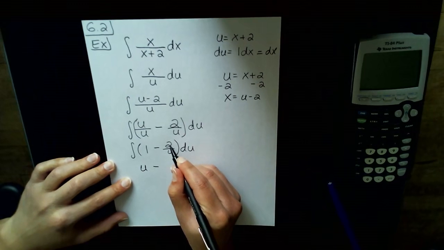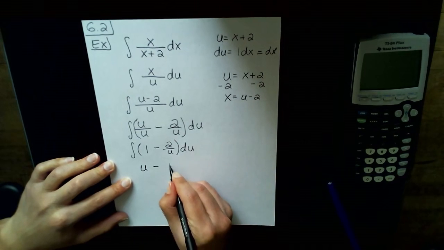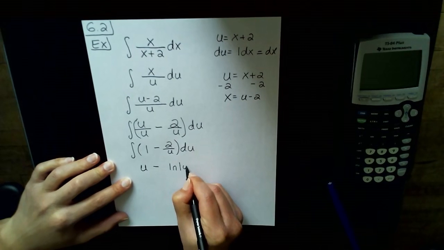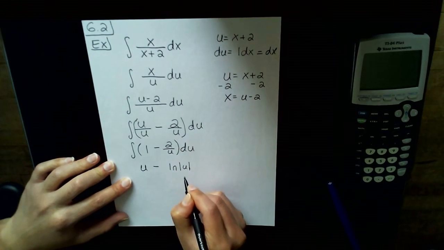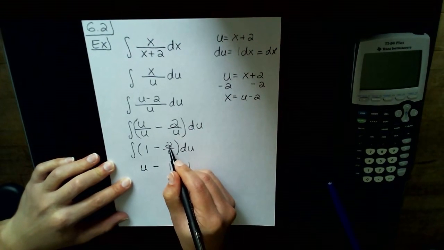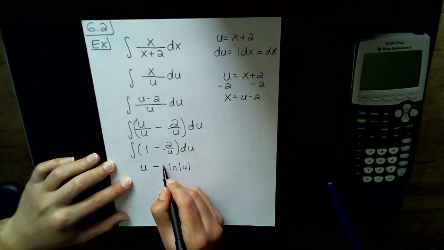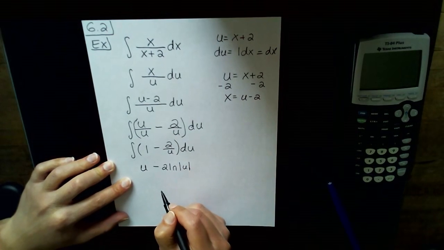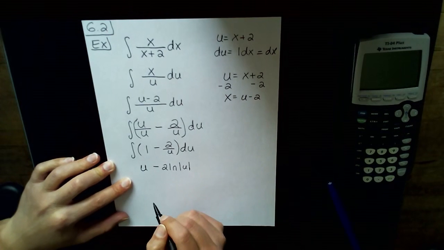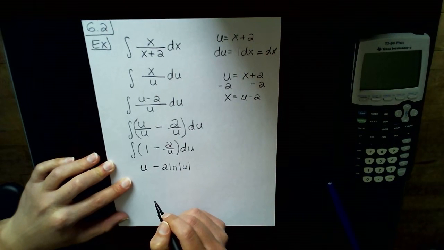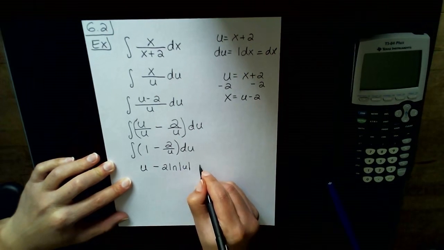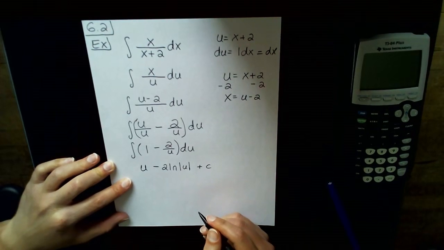What's the antiderivative of 1 over u? It's the natural log of the absolute value of u. So what's the antiderivative of 2 over u? It's 2 times the natural log of the absolute value of u. And this is all plus c.